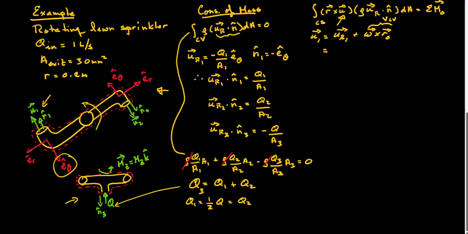So applying what we know, for UR1, we've already established that it is minus Q over 2A E theta, so it's in the negative tangential direction.